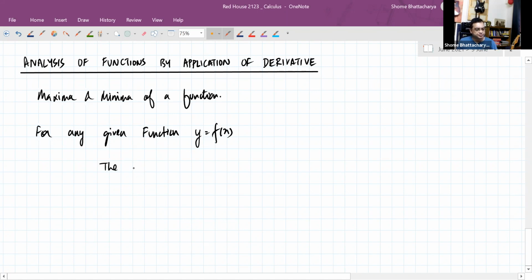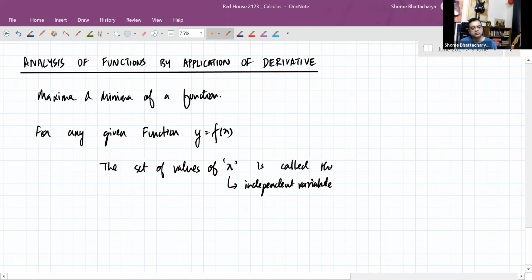The set of values of x, that is the independent variable, is called, you might have heard this term, the domain of the function.